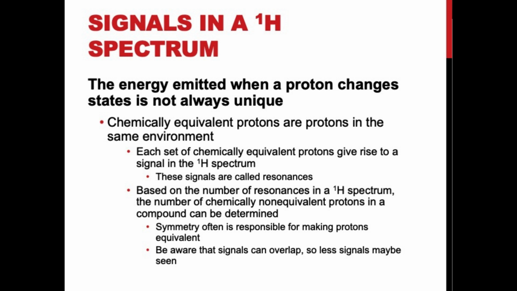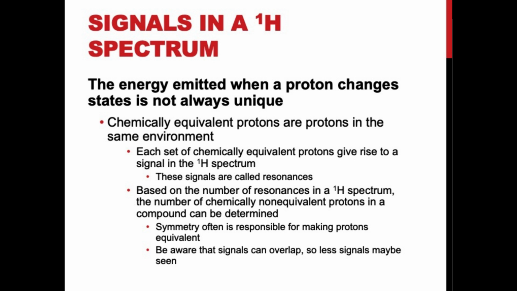So for the number of signals, each hydrogen or each type or group of hydrogens, when they relax from the beta state to the alpha state, they give off energy. And in an ideal world, that energy is all going to be unique, right?